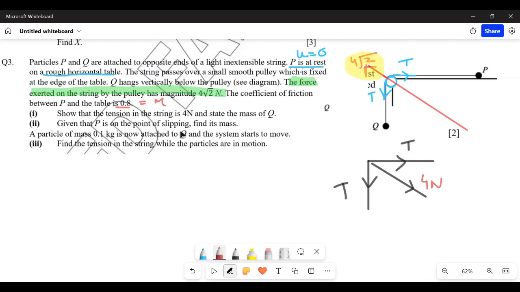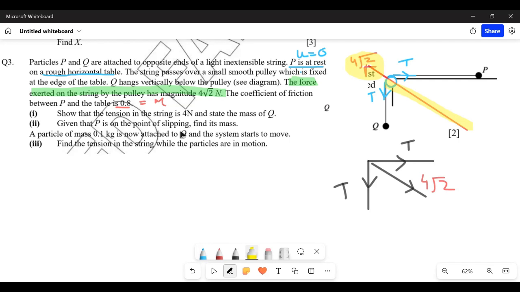If weight is there, then to balance it out, there's a normal contact force upwards. Similarly, there's going to be a 4 under root 2 Newton force in this direction. So now it makes more sense that this force, 4 under root 2, is the resultant of T and T. Or you could have kept it like this, that was fine as well. We can see that the yellow line is the resultant of the two tensions.